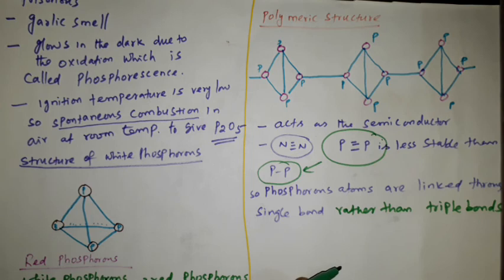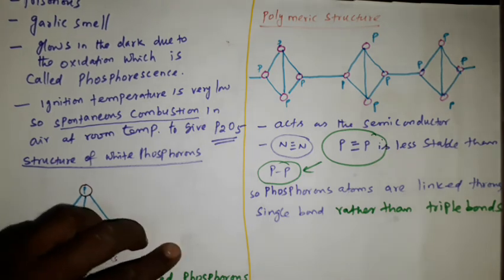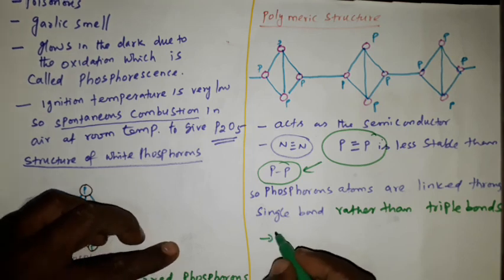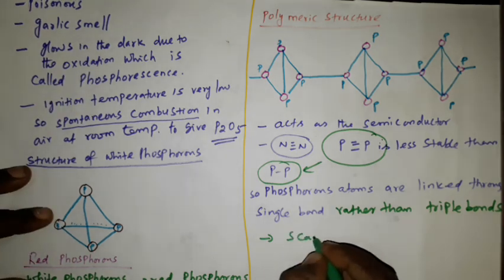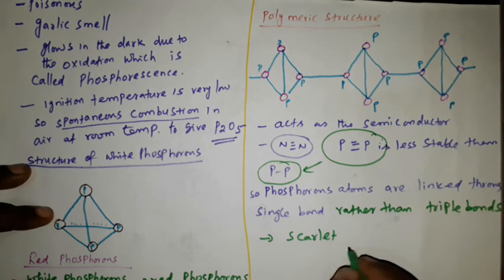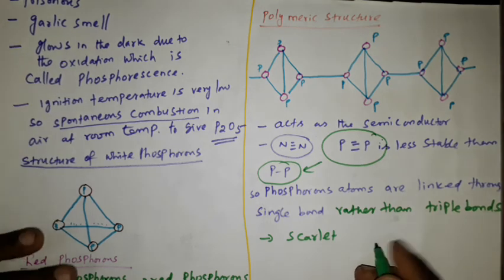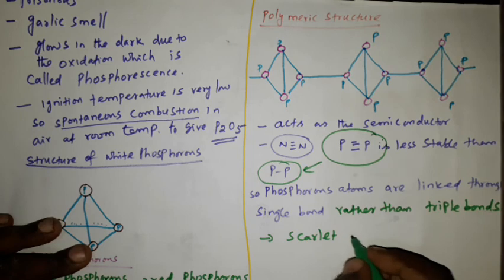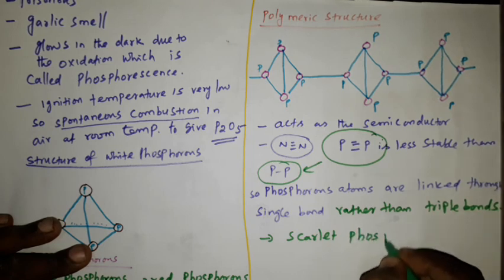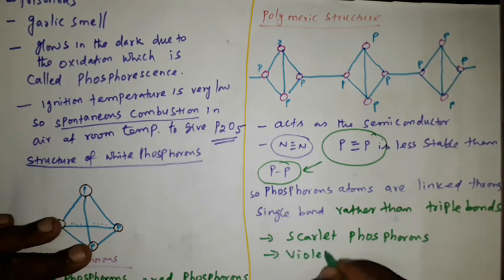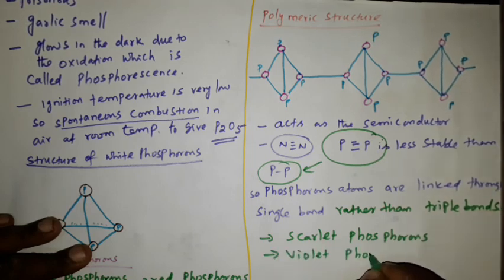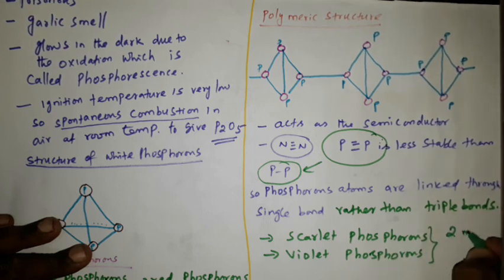Okay, in addition to the above allotropes, 2 more allotropes are there. One is scarlet phosphorus, another one is violet phosphorus. So these are 2 more allotropes.